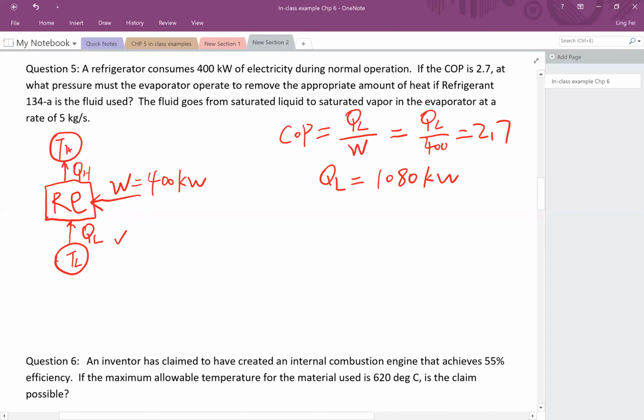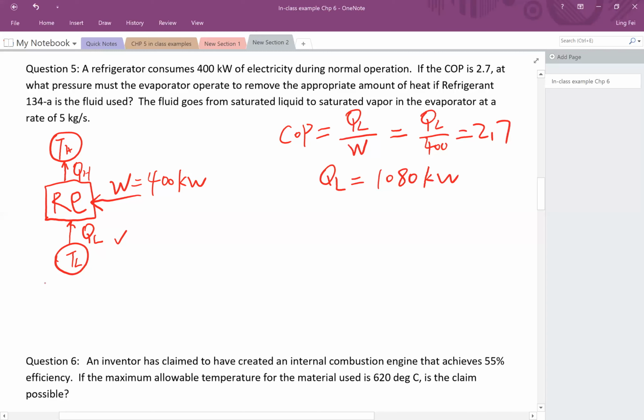So in the evaporator, where is the evaporator? Evaporator is attached to the food chamber, right? So that means the evaporator is going to absorb QL. So basically here, the evaporator chamber is around this area. It's at your TL. It's close to your lower temperature chamber, because that's your food chamber.